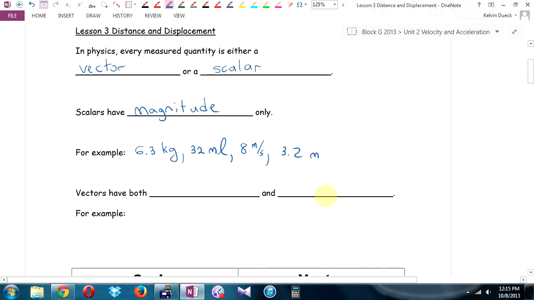Vectors have both, the phrase we flog to death is magnitude and direction. My first two are going to be the last two from the scalar. I'm going to say, oh, how about 8 meters per second due north?